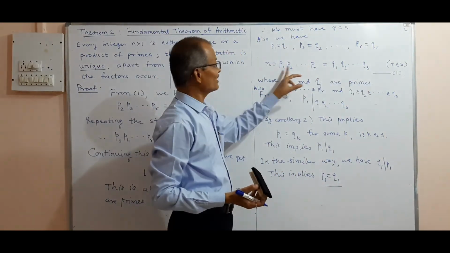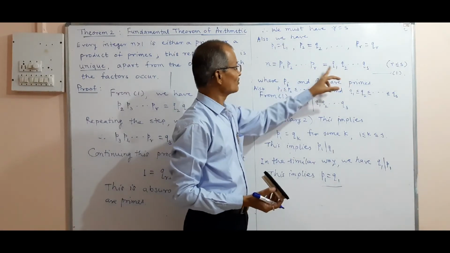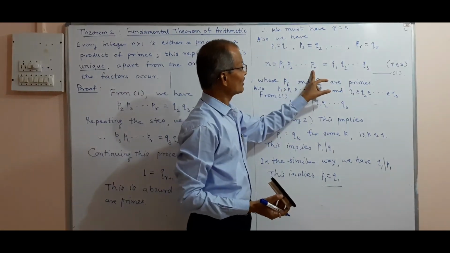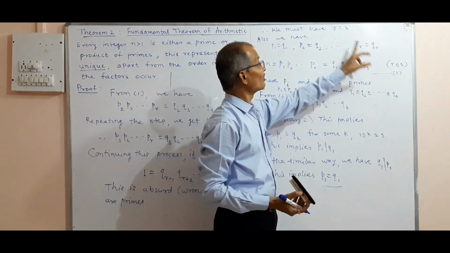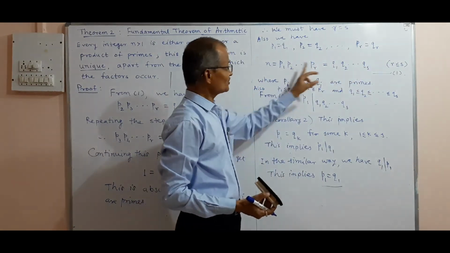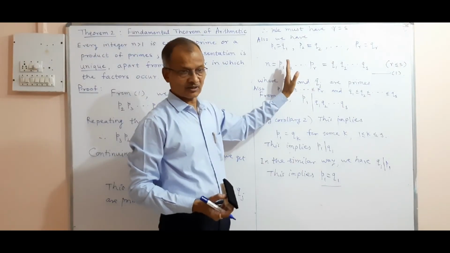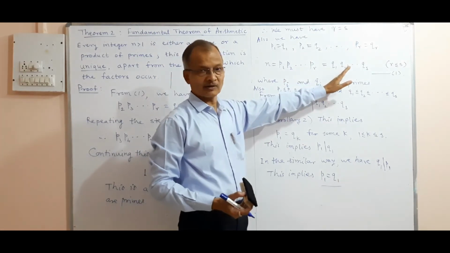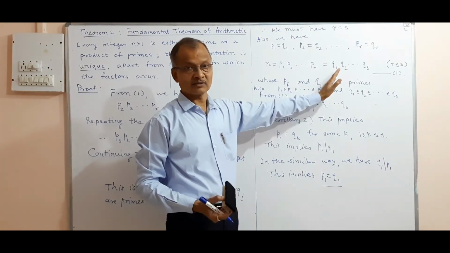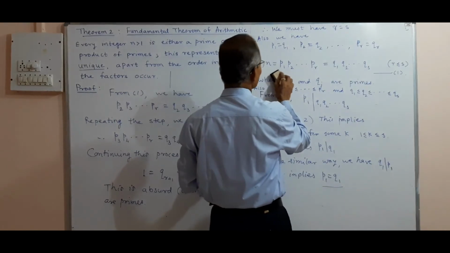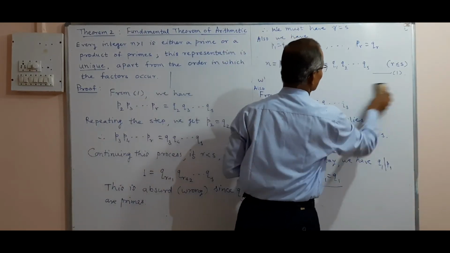So each prime in the left representation and the right representation are the same. So this shows that the representation of M in 1 is unique.